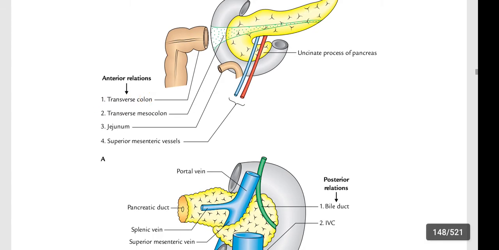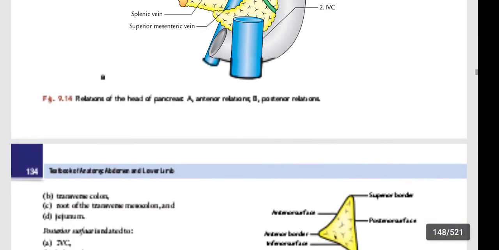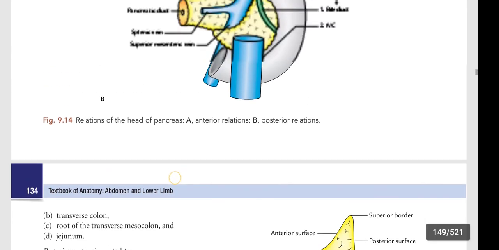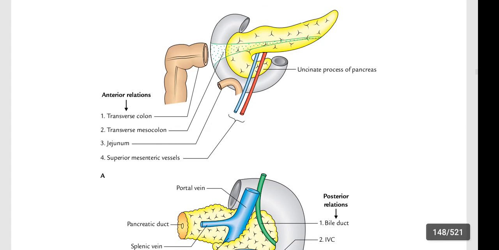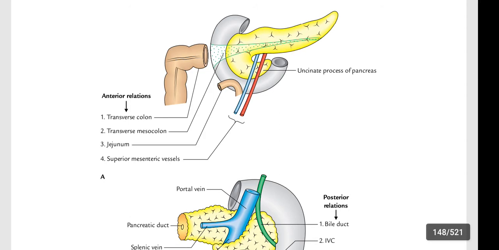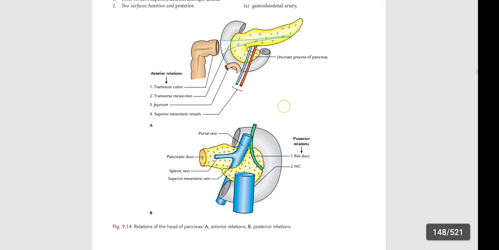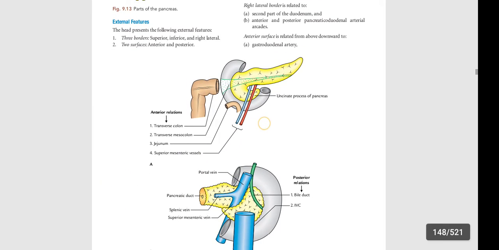This is the transverse colon, this is the transverse mesocolon, this is the jejunum and the superior mesenteric vessels. This is the transverse colon, this is the transverse mesocolon, this is the jejunum. And the other one is the gastroduodenal artery.